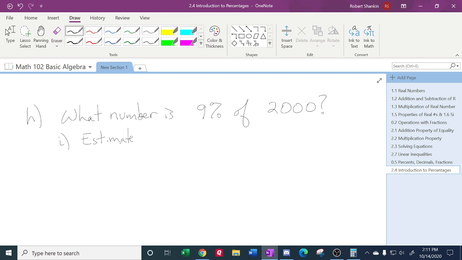Okay, enter your estimate into your group chat. Again, you get a lot more out of this class if you take a guess, take a risk, even if you might be way off.